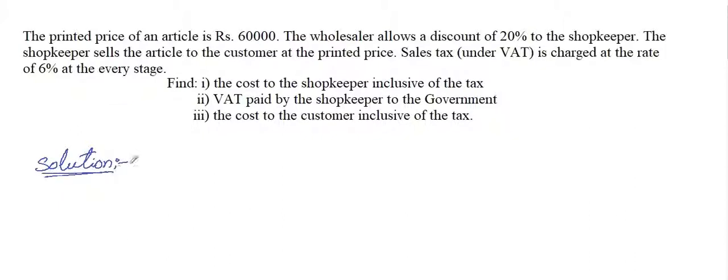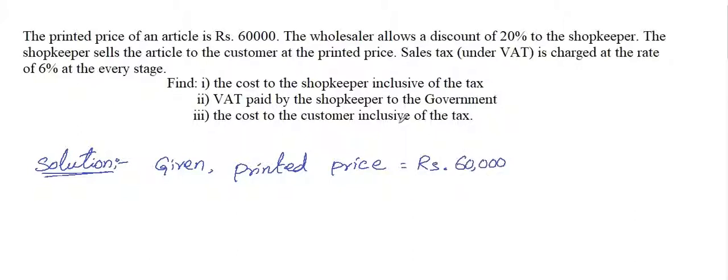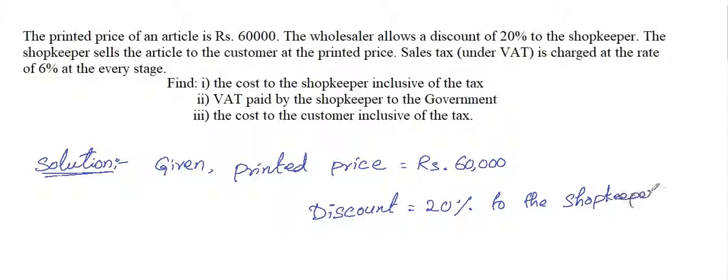Let's solve the question which I have written on the whiteboard. Given the printed price of an article is 60,000, the wholesaler allows a discount of 20% to the shopkeeper, and the shopkeeper sells the article to the customer at the printed price.